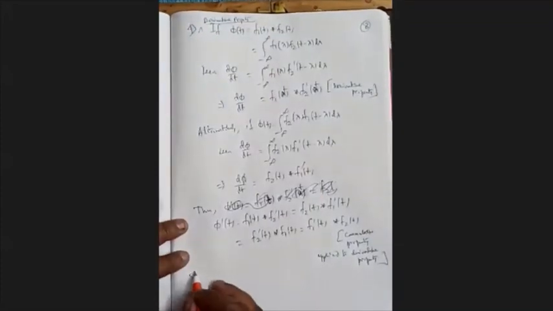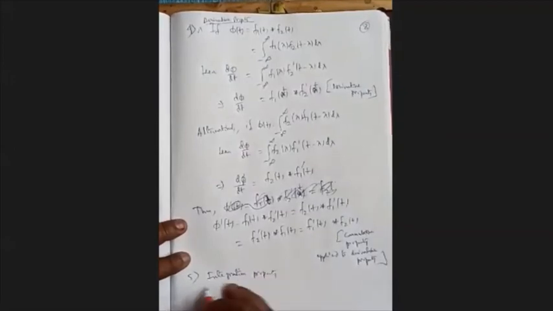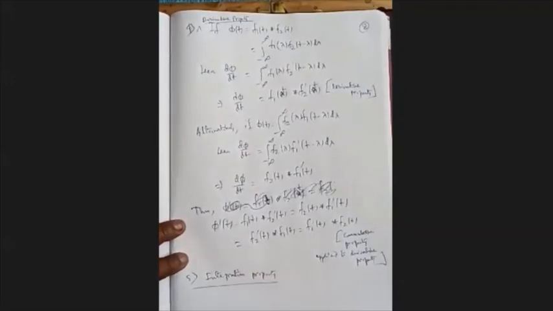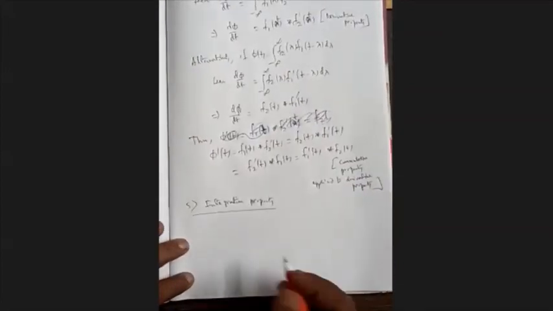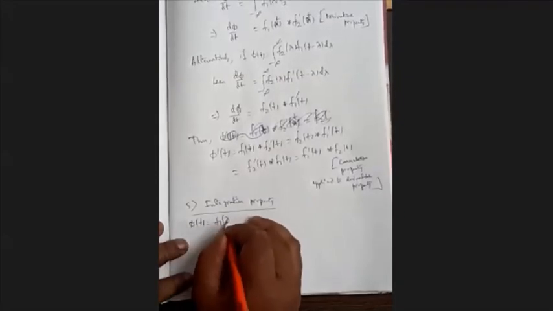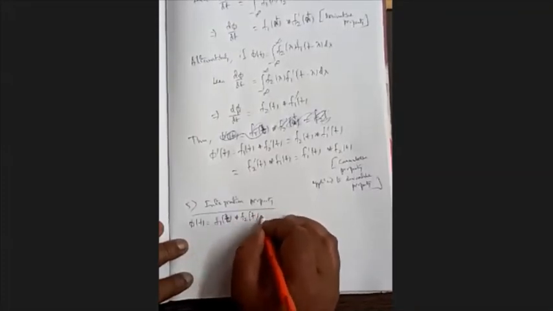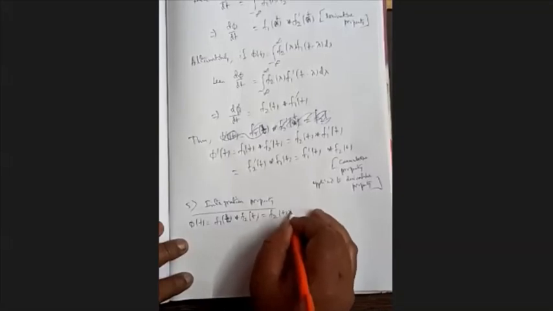Now I write the integration property. Now what is that? Let's see. Now phi(t) equals f1(t) star f2(t) or f2(t) star f1(t).